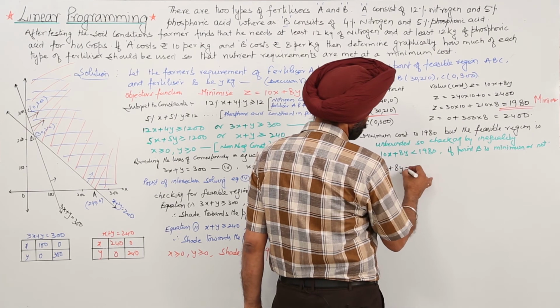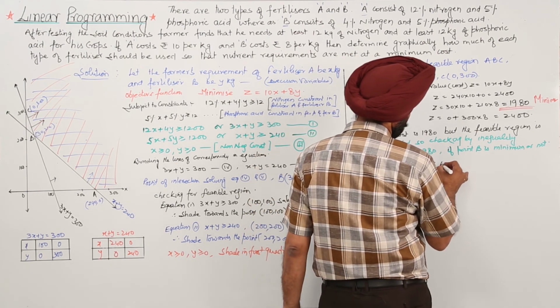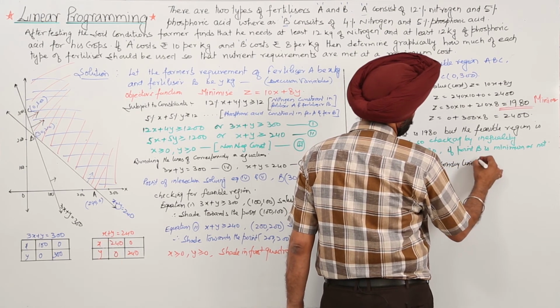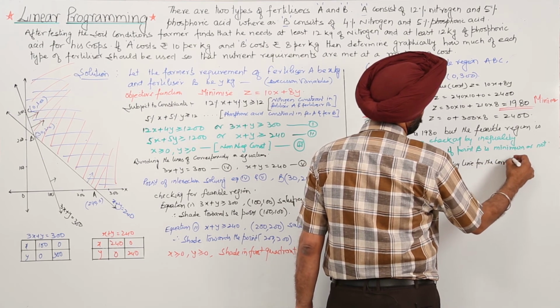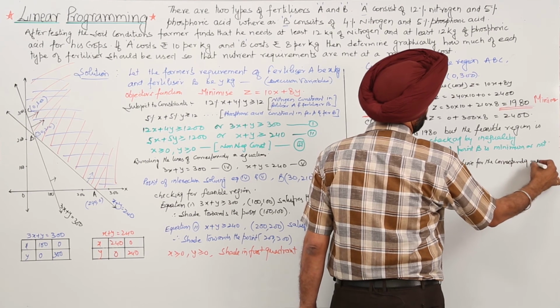Now, for checking it, 10x plus 8y is equal to 1980, it is the bounding line for the corresponding inequation.